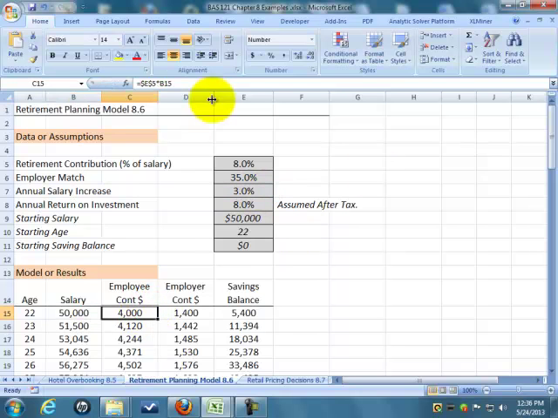The employee contribution was simply my contribution level, 8%, which you'll notice we put dollar signs around because we want to lock that. So when we fill it down, times whatever our salary is, which we didn't want to lock because we want that to increase as our salary increases.